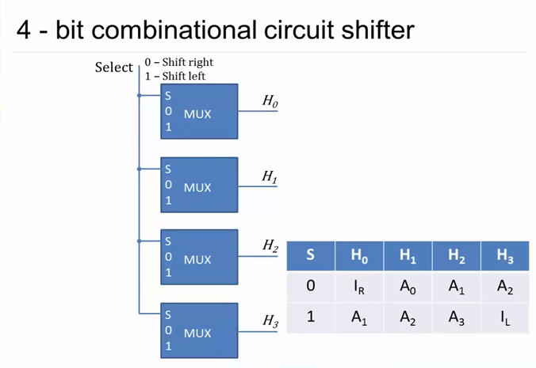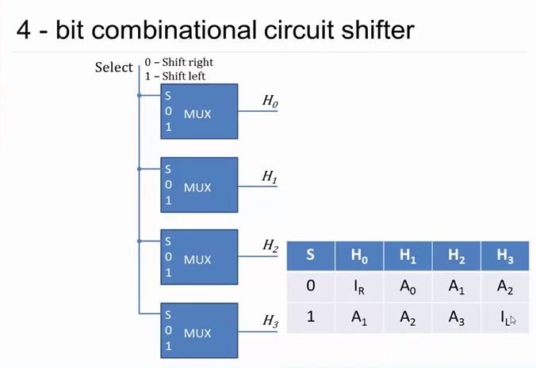But if I say the select line is 1, then we are going to perform shift left operation. So in that case, A0 is discarded, A1, A2, A3, and IL, which is our serial input from the left side. If we provide IR to be 0, then it is our normal logical shift right. And if we provide IL to be 0, then it is our normal logical shift left.